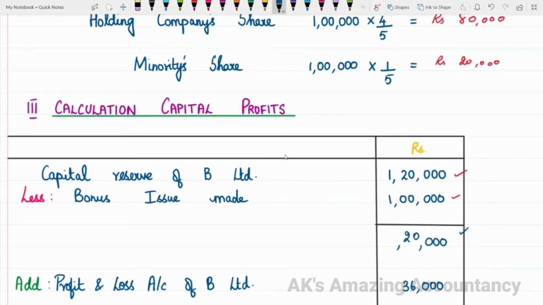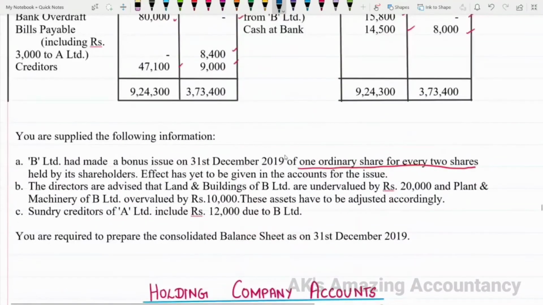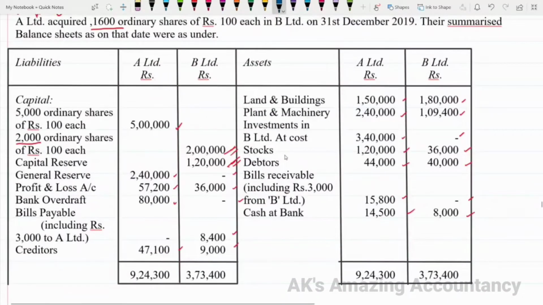Now with this, add the profit and loss account of B Limited, which was existing as per the balance sheet. You can have a look at the balance sheet again. Have a look at B Limited's column. In B Limited's column, you have the profit and loss account. How much is the profit and loss account of B Limited? It is 36,000.